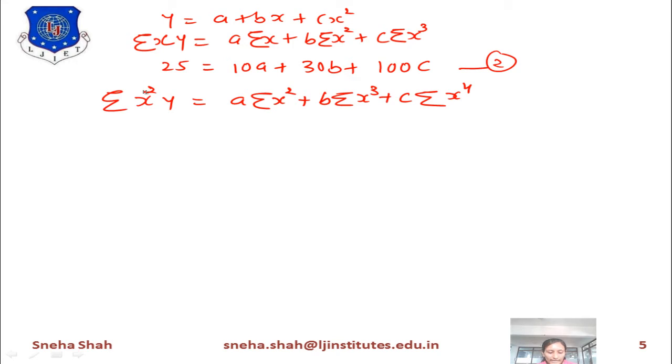Now the summation of x square y equals 80.8, which equals summation of x square equals 30, so this term becomes 30a plus summation x cube equals 100, so 100b plus summation of x raised to 4 means 354, so this term converts into 354c. So this one is equation number 3.